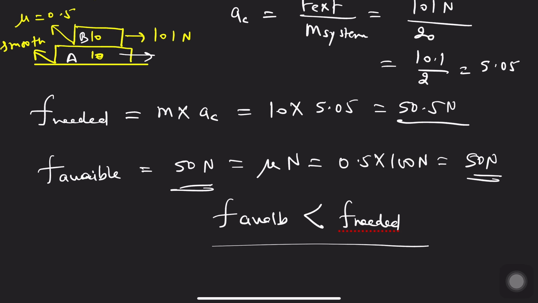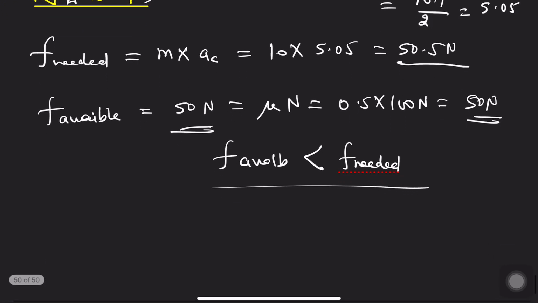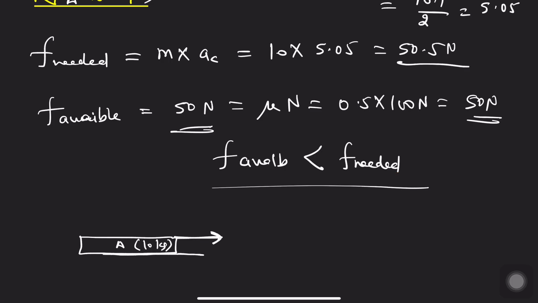In that case, because the sliding is going to happen, we have to calculate the individual accelerations. So we have to draw the individual FBDs. For the lower block, block A, mass 10 kg, the force of friction will go to its peak, and that is 50 Newton.